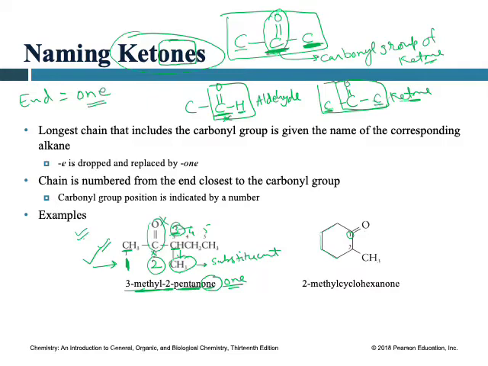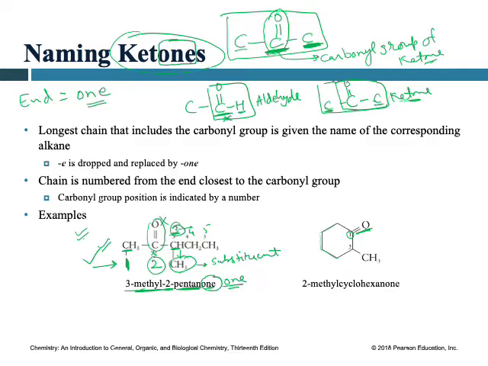Because in a cyclic compound each of the carbons is the same. There is no corner carbon, no ending carbon, so every carbon is the same. So that's why in a cyclic compound we always have to give the number 1 to the carbon that has a carbonyl group, right? Because you cannot say which carbon is the corner carbon and then start. So make sure you know this thing.